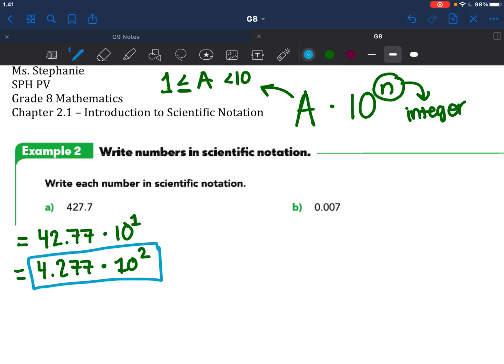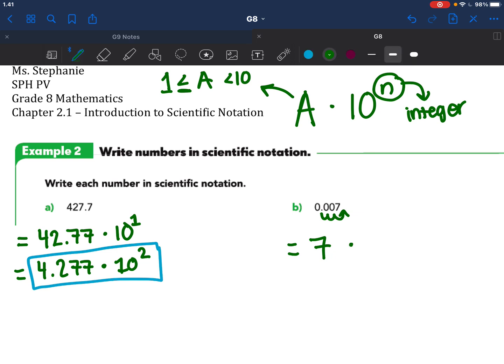Alright, so go ahead and try B there. Okay. So this time, it's a small number. It's below 1, right? Okay, so our goal is to move this decimal 1, 2, 3, 3 times to the right, so that it will be 7.0, or just 7 if you want.